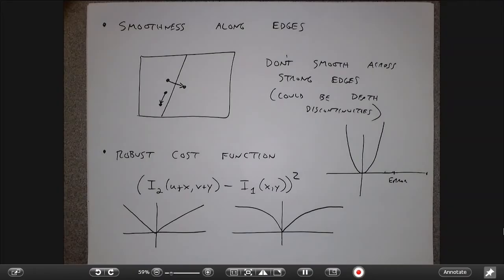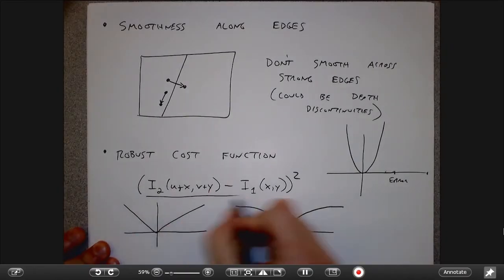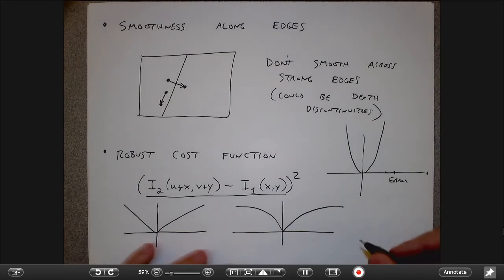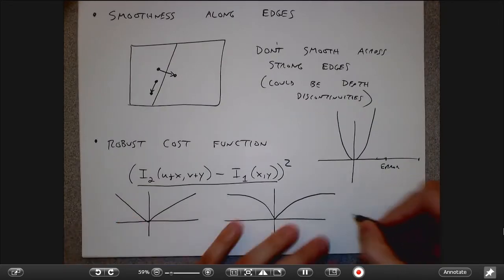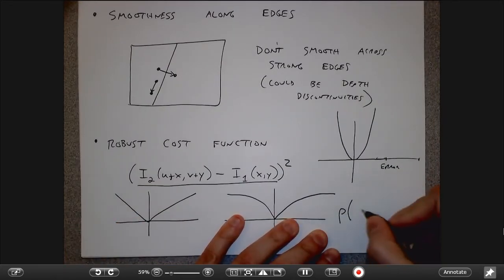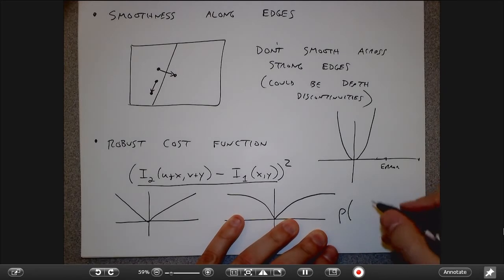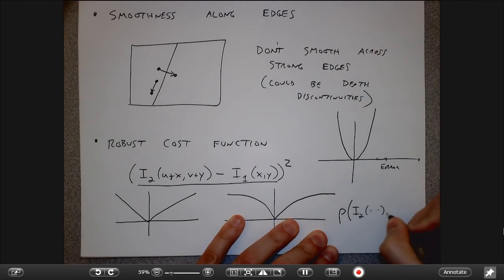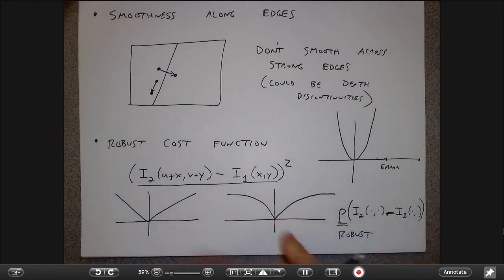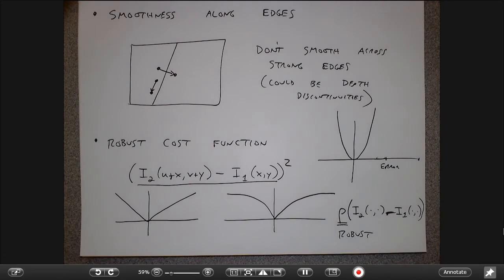So instead of writing it like this, you would have a term that looks like some rho that operates on this difference. This rho is going to be one of these robust cost functions that isn't just the square of something; it mitigates big errors. So that robustness turns out to be very important.